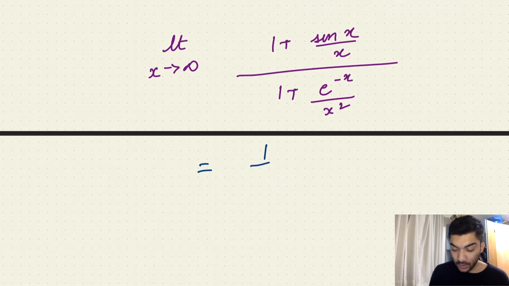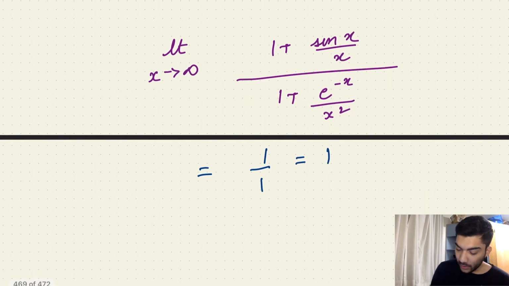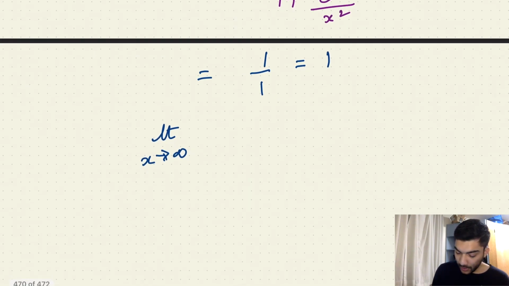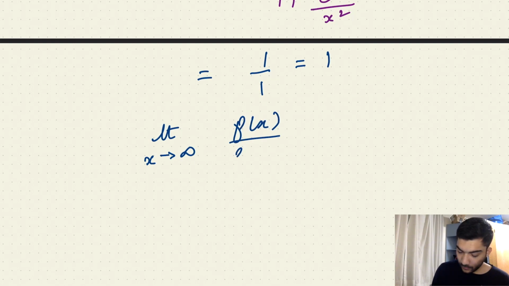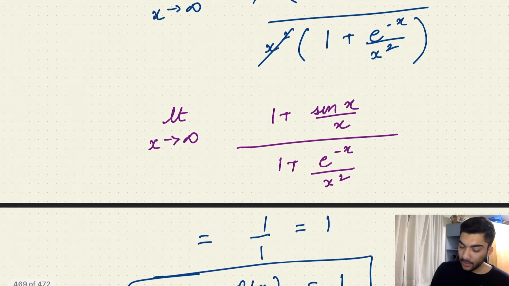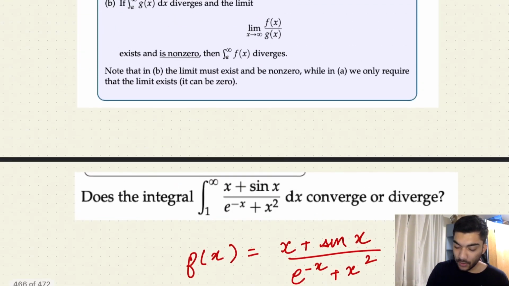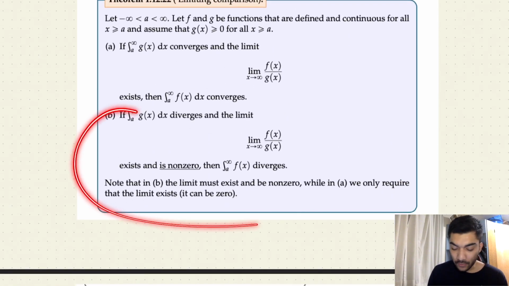So now if you solve this expression, your limit will simply be equal to 1 over 1, which is 1 in this case. So now your limit for x tending to infinity of f of x upon g of x is equal to 1. And also you know one more thing about your g of x dx integral, that it diverges.